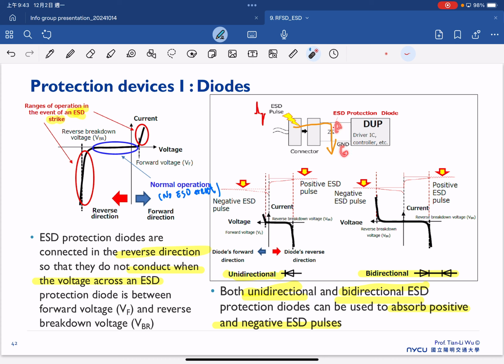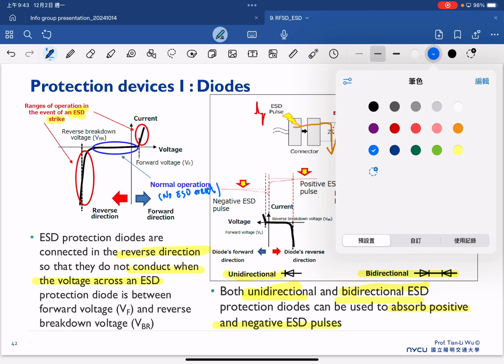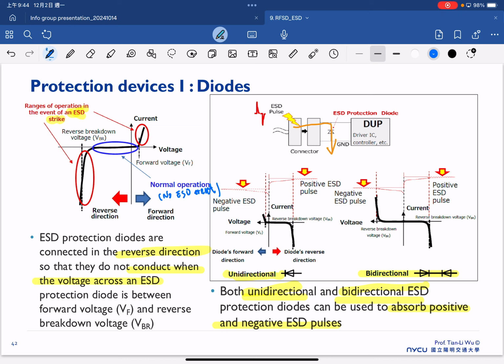because this is an anode, this is a cathode. So that means the device will actually operate in this region. So at this moment, the device starts to operate in this region.